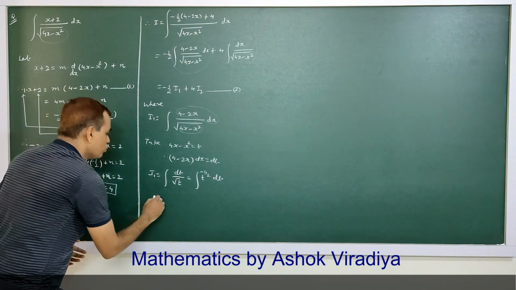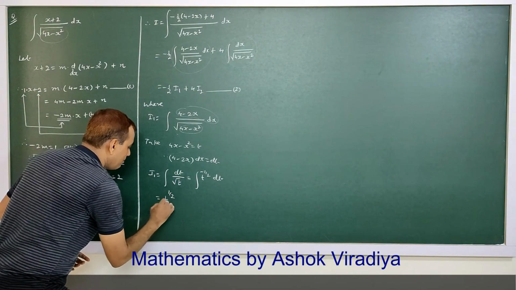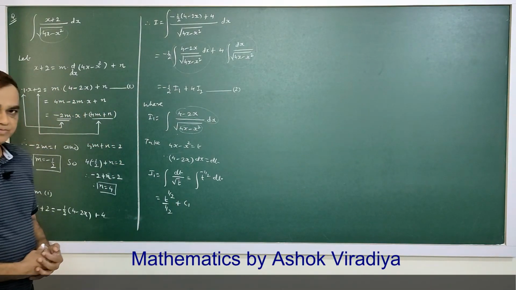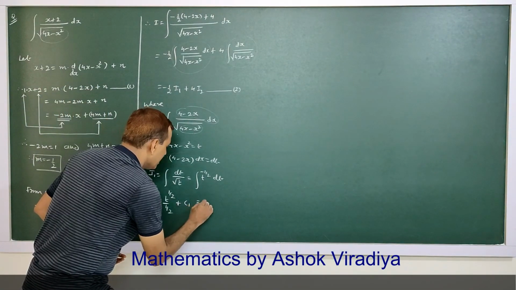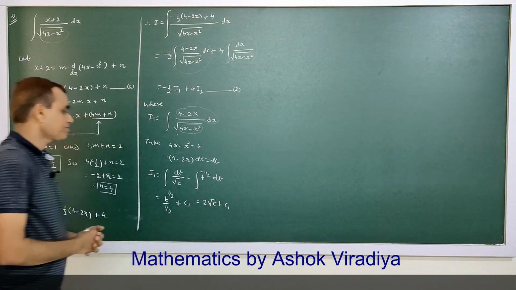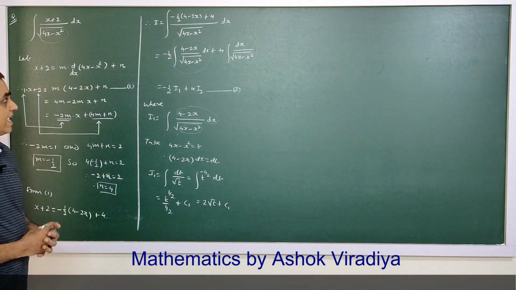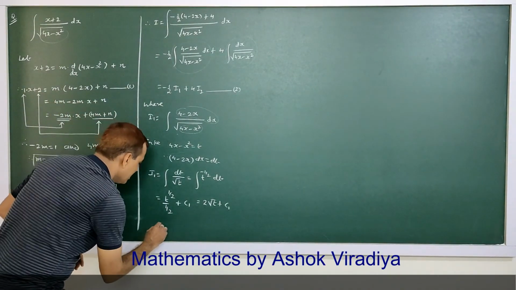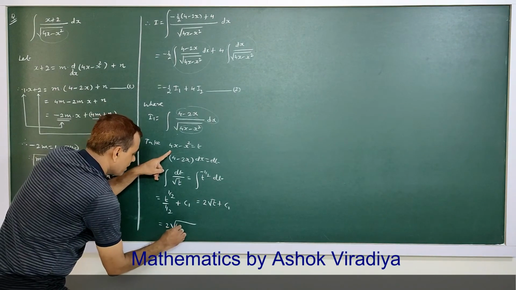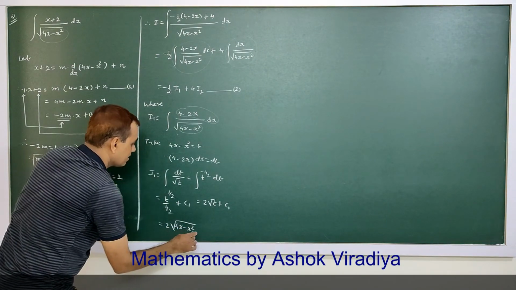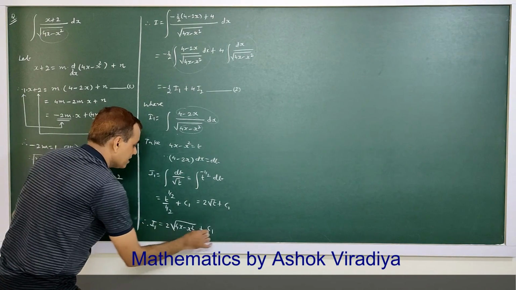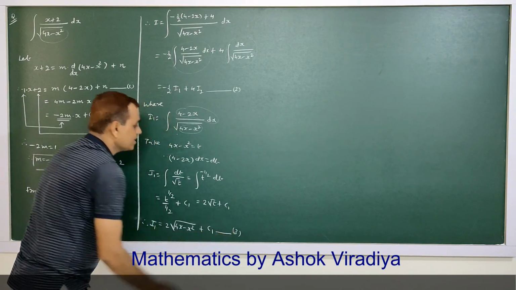So t raised to half upon half plus c1, that is 2 root t plus c1, and the value of t is 4x minus x square, so I1 is root of 4x minus x square plus c1. We say this is result 3.